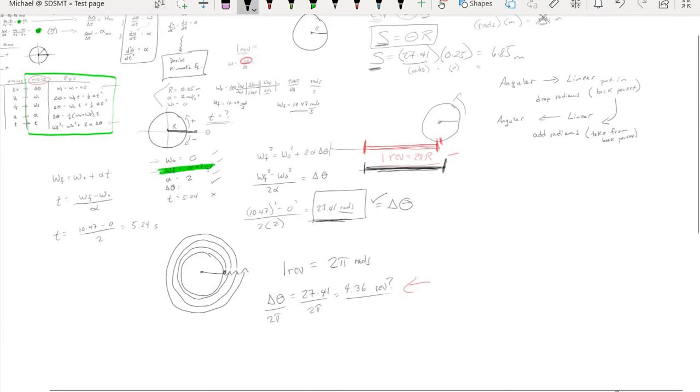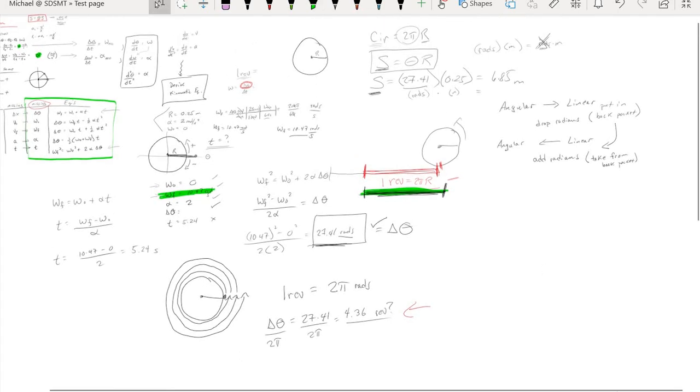All right. Well, if I can figure out a linear distance that this wheel can travel over, can I use something like this to figure out how fast the wheel is physically traveling down the road based on how fast it's spinning?